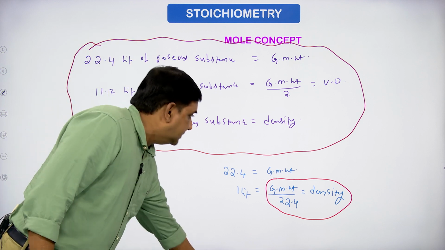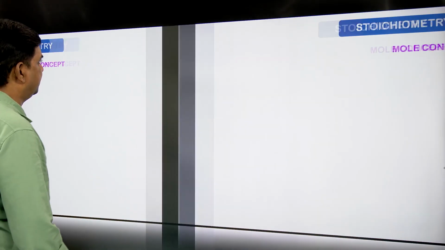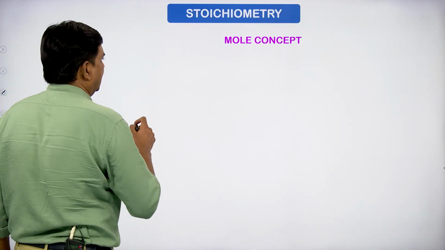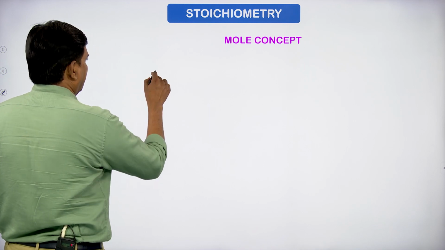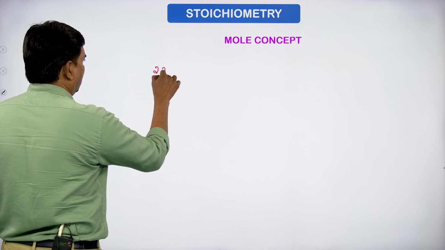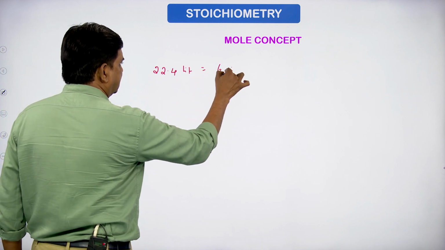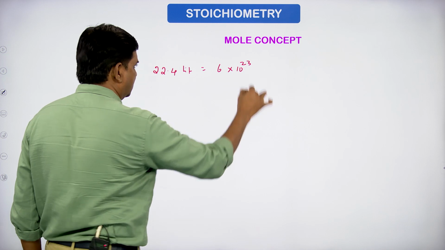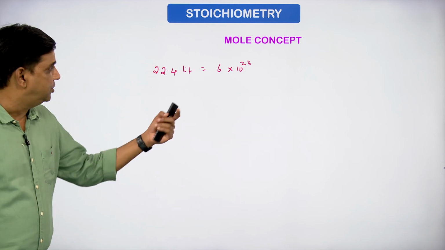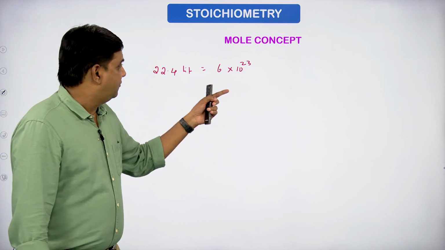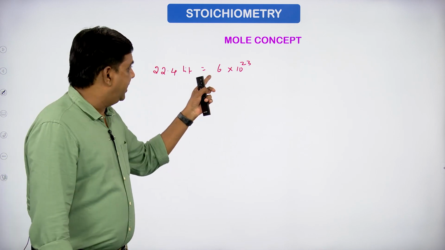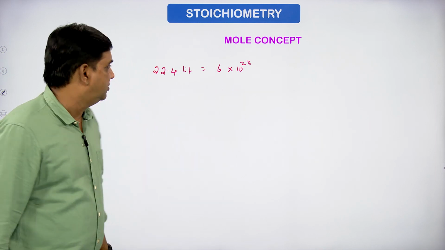Similarly, this also can be written like this. 22.4 liters equals 6 into 10 power 23 molecules. I mean 6.023 into 10 power 23. For ease's sake, I am writing 6 into 10 power 23 molecules.